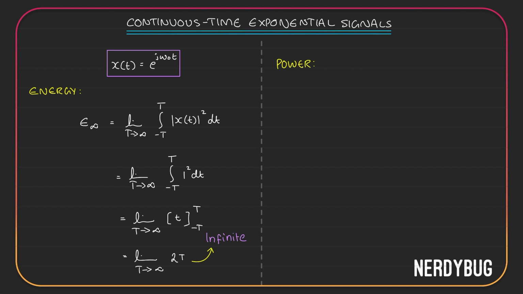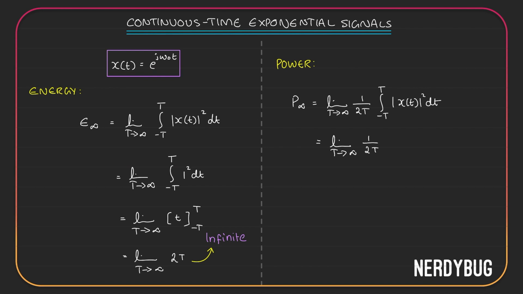For an infinite time interval, we write P infinity is limit T tends to infinity, 1 by 2T, integral minus T to T, again mod of x of t whole square dt. So what we get is limit T tends to infinity, we have 1 by 2T. Here again mod of x of t is mod of e raised to j omega naught t, which is 1.